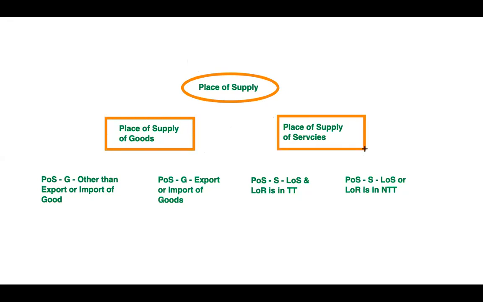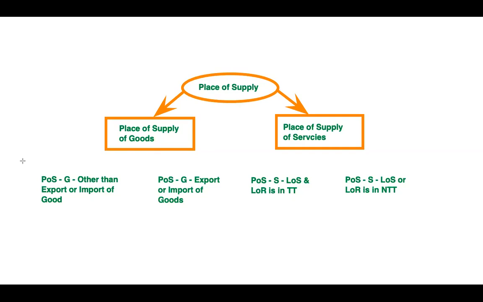As far as place of supply of goods and place of supply of services is concerned, it's one discussion on goods, another discussion on services. Beyond that, nothing great. A very clear discussion on goods: place of supply of goods alone will be concentrated there. Place of supply of service would be concentrated there.